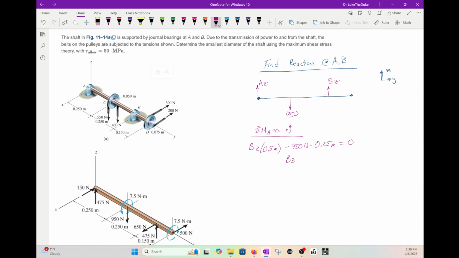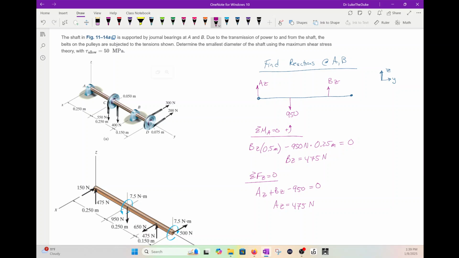So BZ becomes 475 newtons. Then we can sum the forces in the Z, set it equal to 0. We have AZ plus BZ minus 950 equals 0. And we get AZ to be 475 newtons as well.